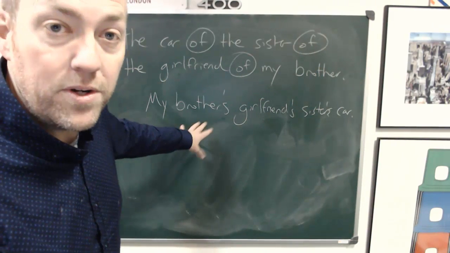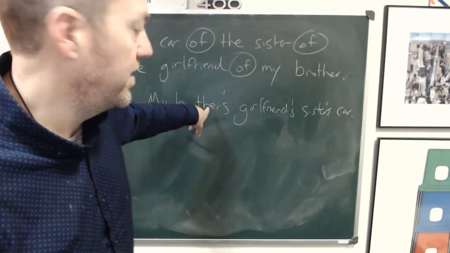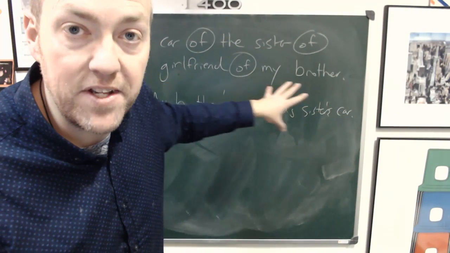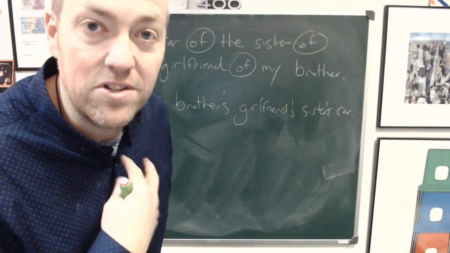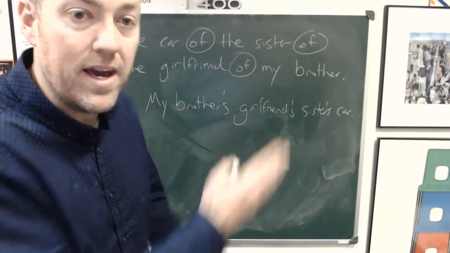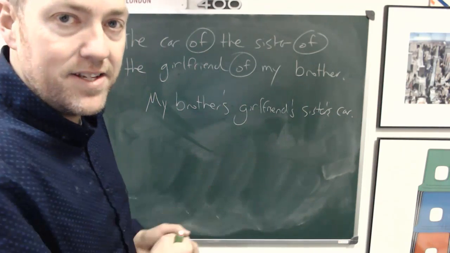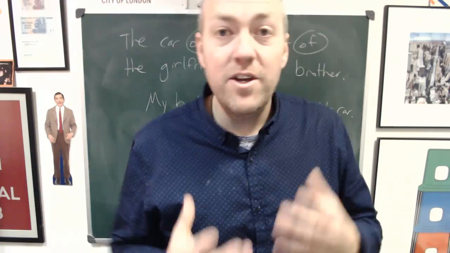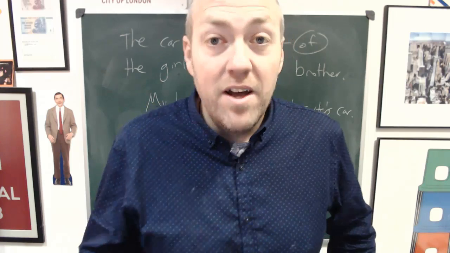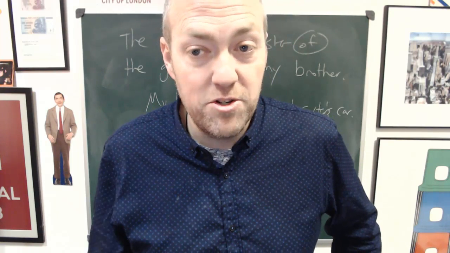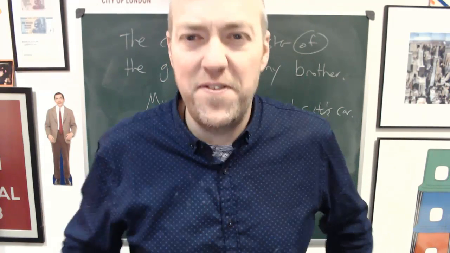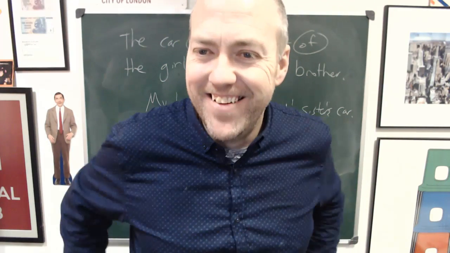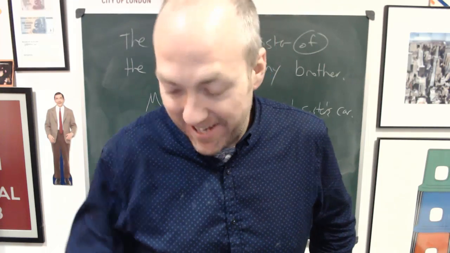Okay, so you can see three ofs, three apostrophes with S. And look, we have no articles, no possessives, nothing. We have all of them together like this. So really it's not too complicated. Hopefully that helps to answer your question, and now you can use the apostrophe with confidence.